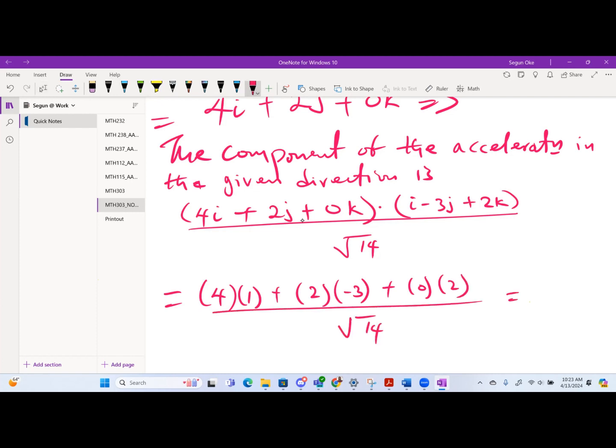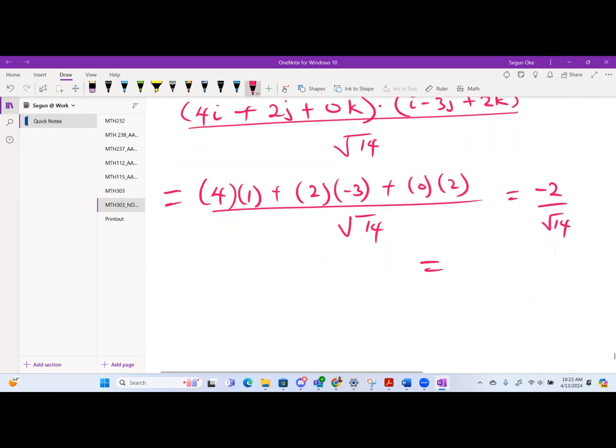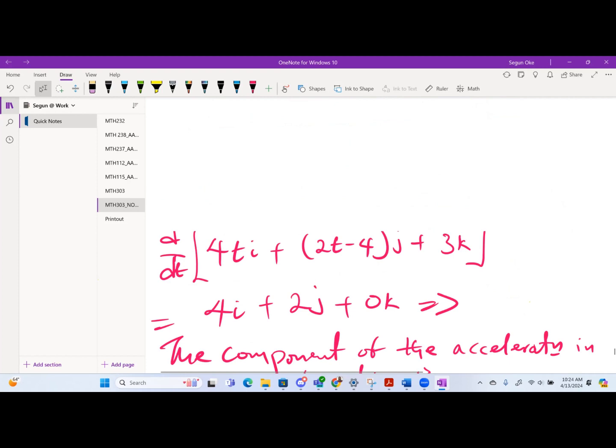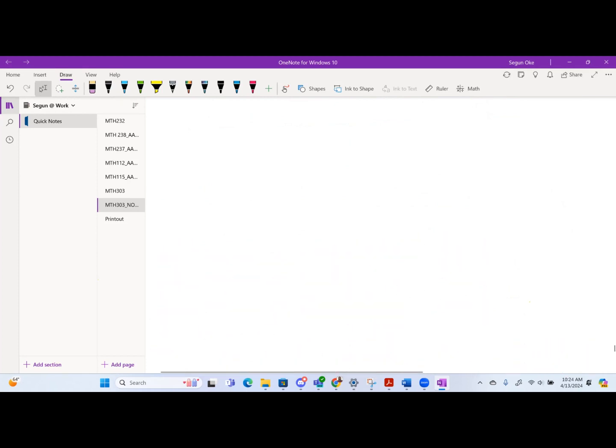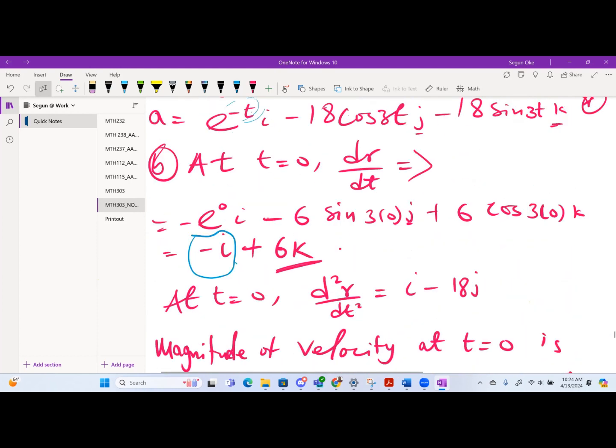At the end of the day, you have minus 2 over root 14. When you rationalize this, it will give us minus root 14 over 7. Follow the same method. Any question, guys? Any question on this application?